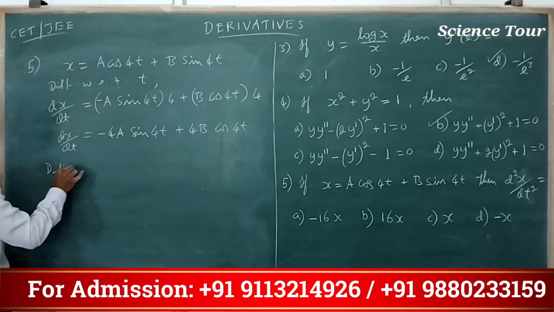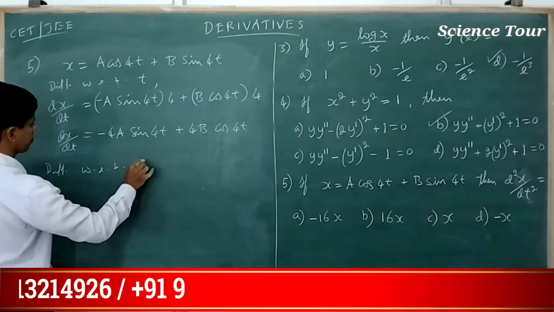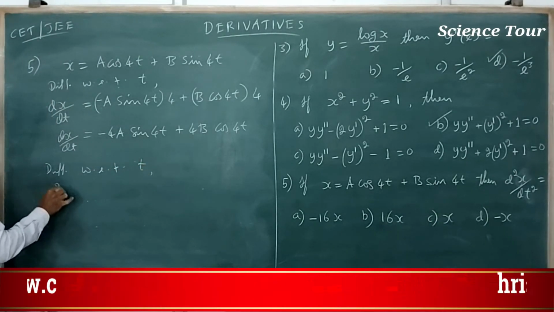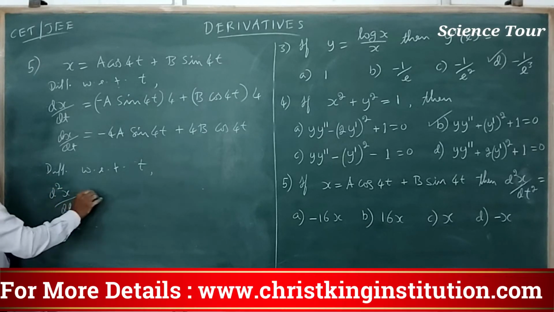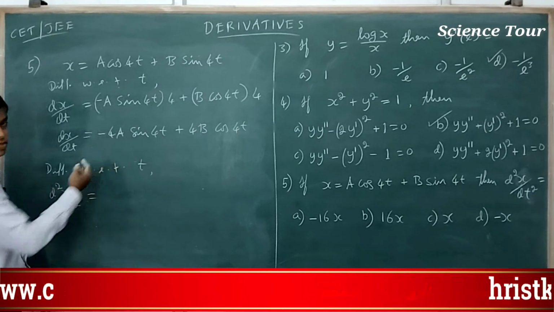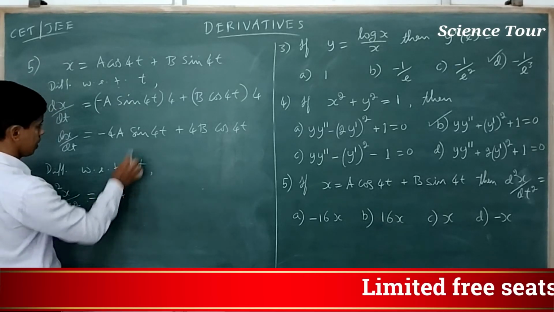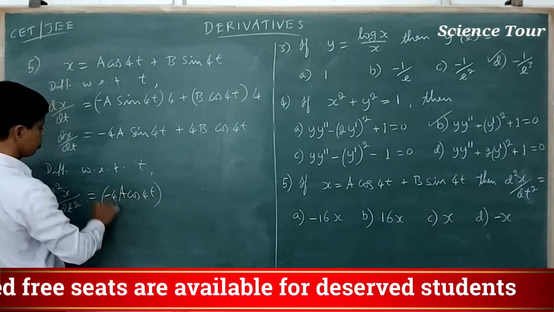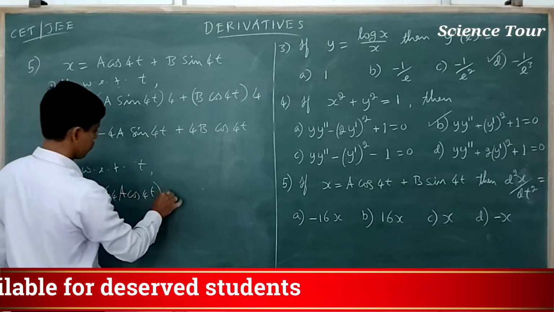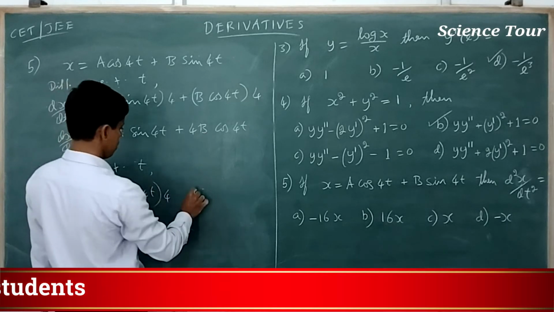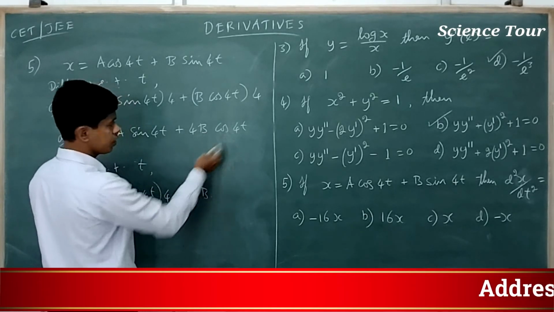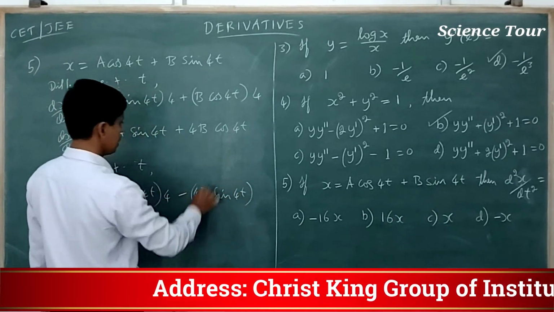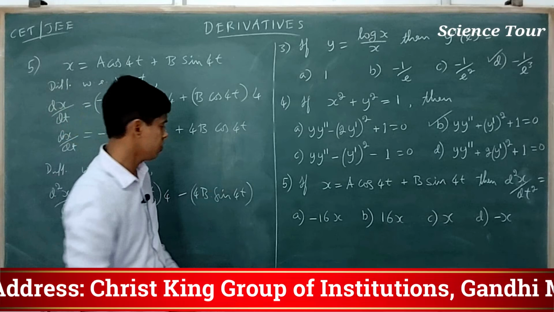Now the last step, let's find d square x by dt square. Let's differentiate once again with respect to t. Minus 4a is a constant and derivative of sine 4t is cos 4t into 4, and then 4b, derivative of cos 4t is minus sine 4t into 4 again.